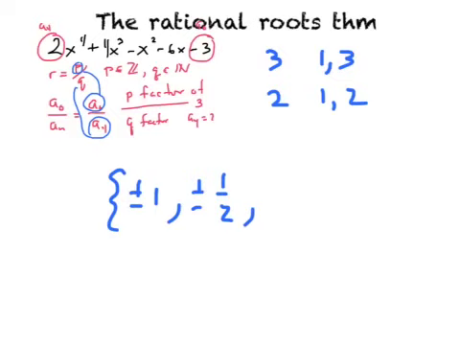We can have plus or minus 3. Now these are not in normal order, we can reorganize these in a second, and we can have plus or minus 3/2. And that is the set.